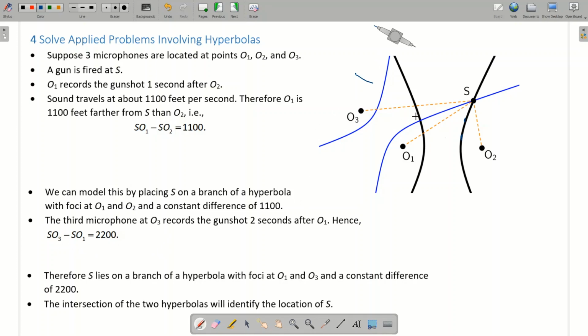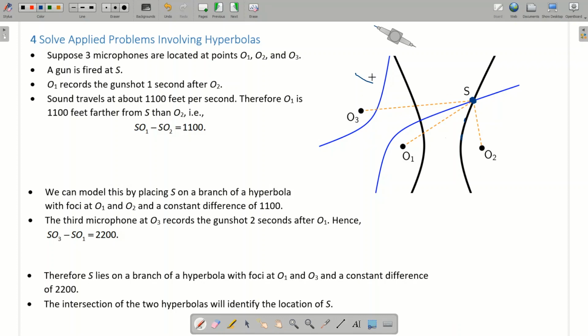So we could write down the formula then for this hyperbola. So we have the formula for the first hyperbola, formula for the second hyperbola, and then to actually figure out exactly where S is located, we would just solve that system. We actually did problems like this back in college algebra when we solved nonlinear systems. We just didn't have to set up the hyperbolas at the beginning.